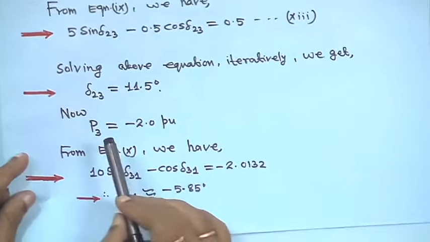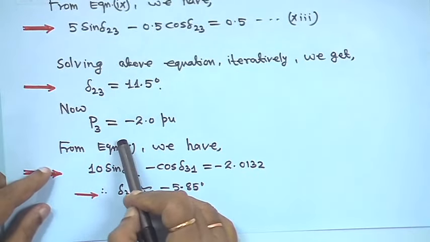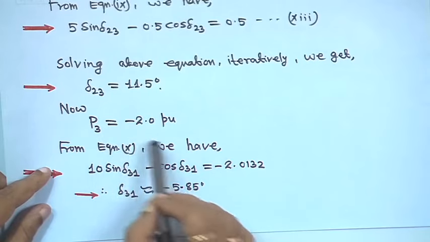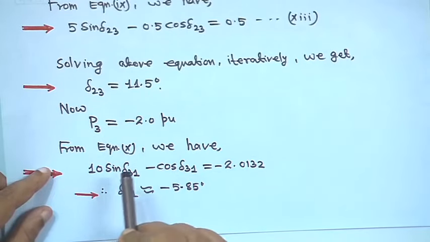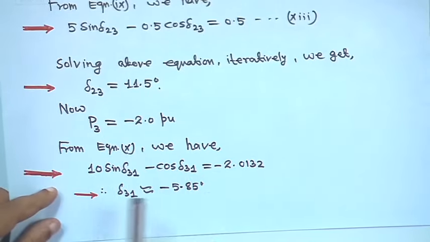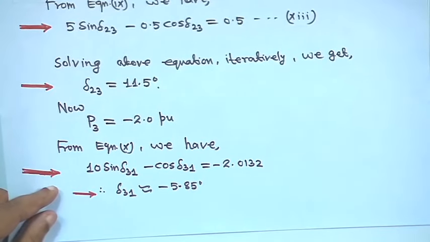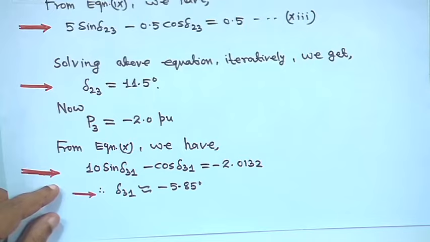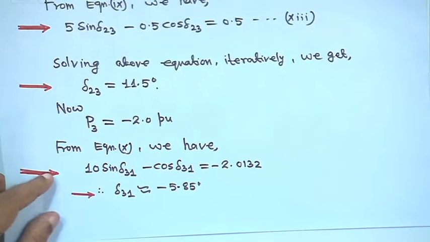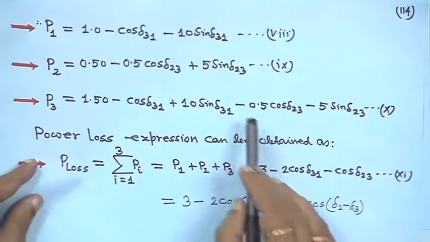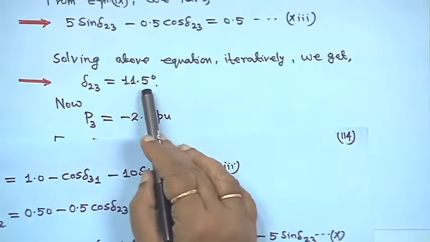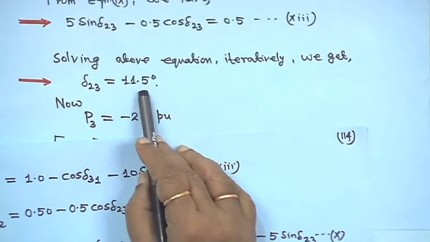Now, at bus 3 only load is there, but generation is not there. So, power injection is minus 2.0, right. So, you go to equation 10, this is equation 10, right. And your delta 23 you have got as 11.5 degree.